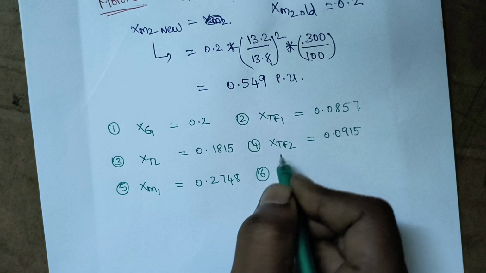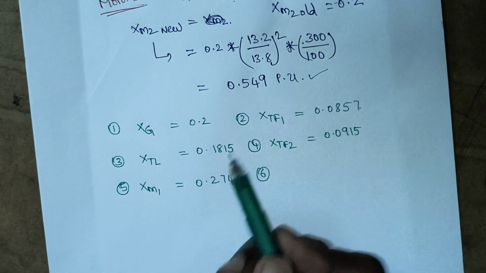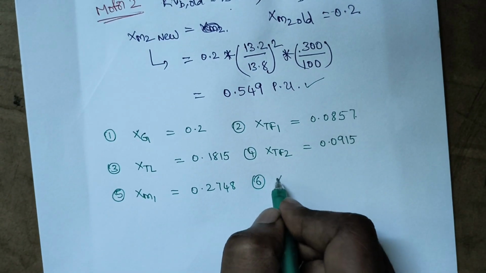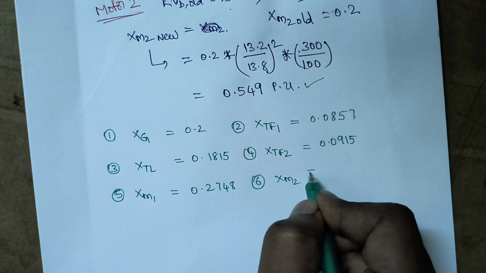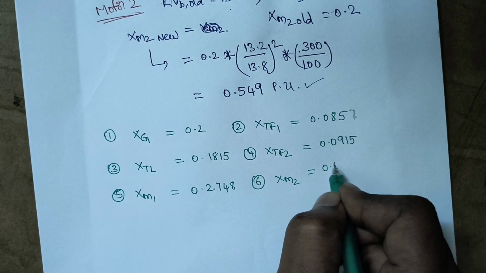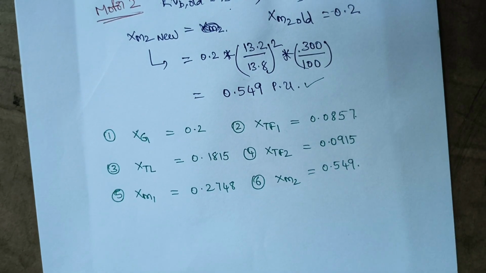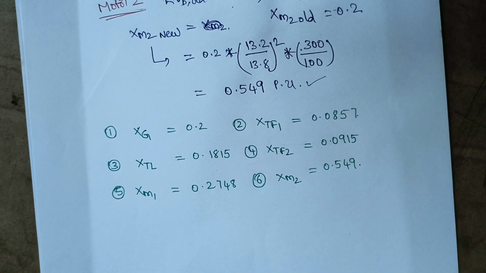And sixth is XM2, 0.549. These are the values I have.